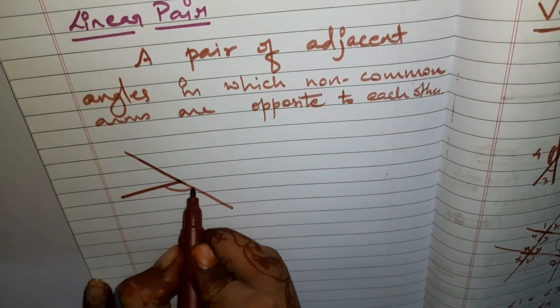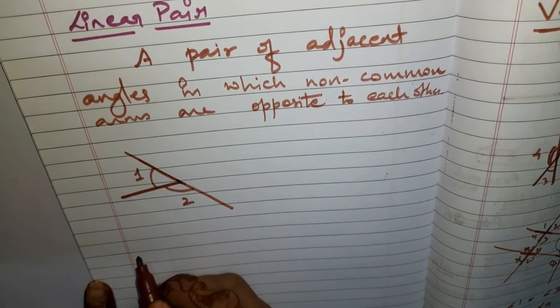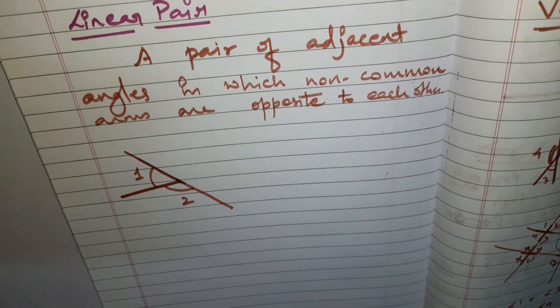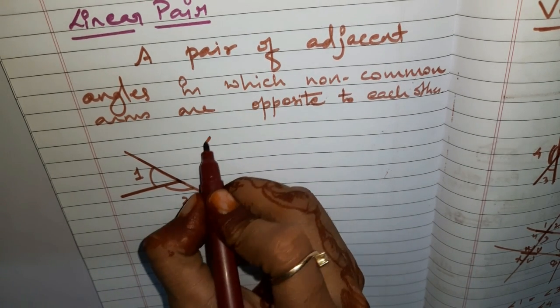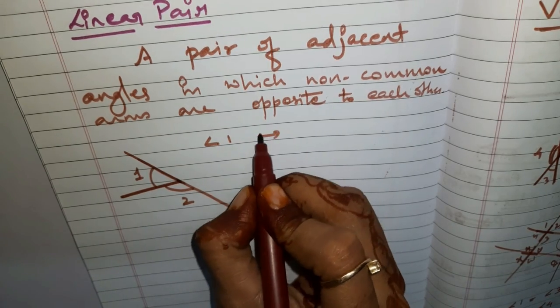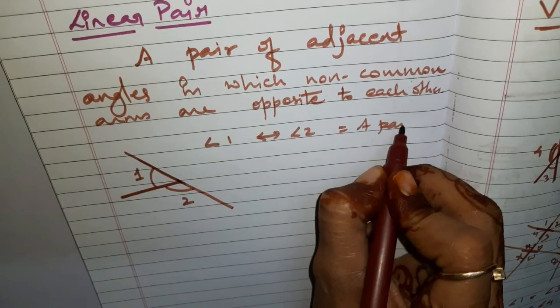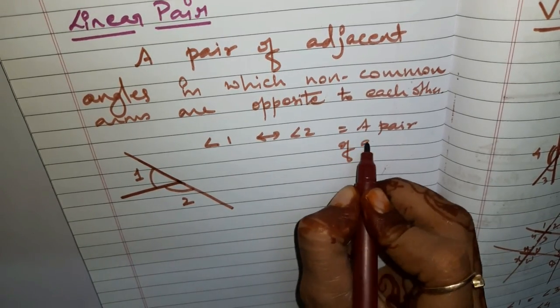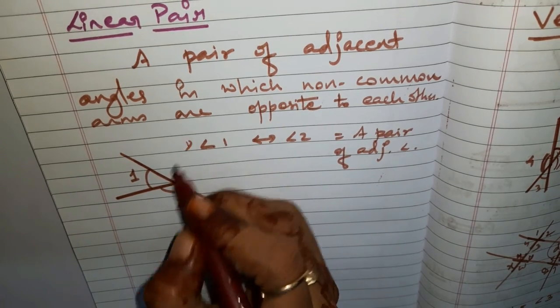Now this is one angle and this is the other angle. Say this is angle 1, this is angle 2. Now what type of angles are formed here? You can see that here again we are having angle 1 and angle 2. They are forming a pair of adjacent angles. Okay, what else is there? This is the first thing which you have seen.